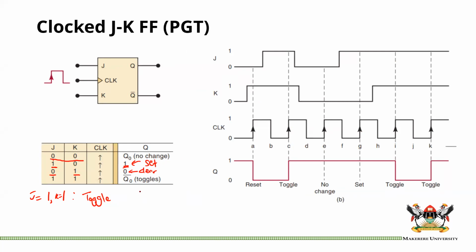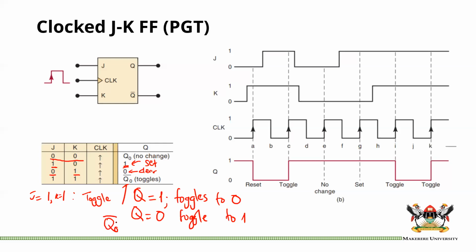By toggling, we mean that if Q was 1, it toggles to 0. If Q was currently 0, it will toggle to 1. So that's why here we have Q naught inverse. Q naught is really the current, or if you like, the previous state of the flip-flop.